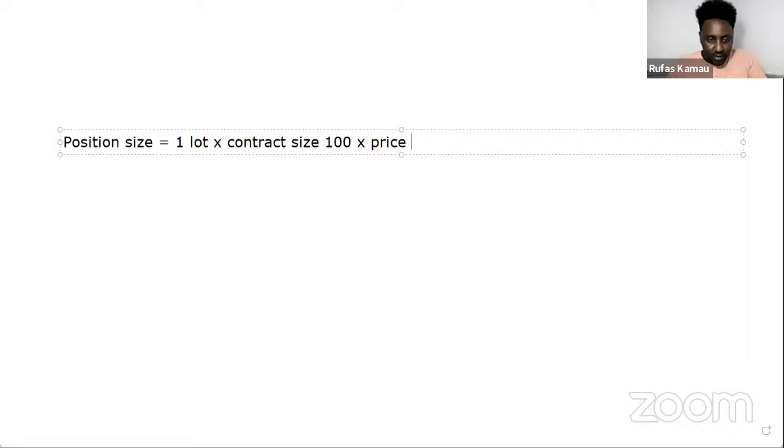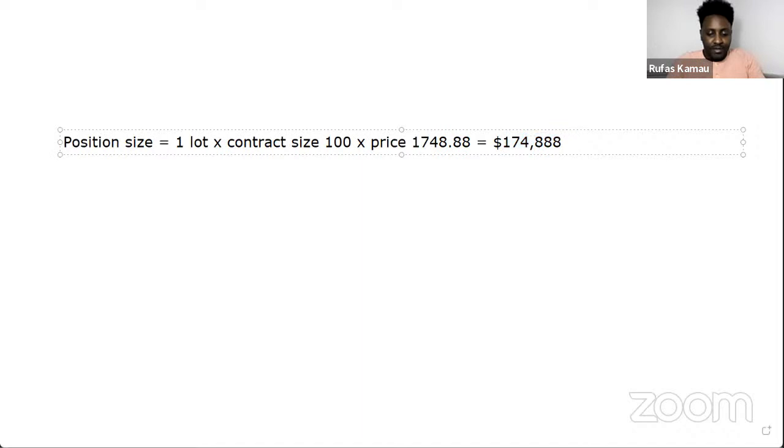In this case, we are trading at a price of 1748.88. And this gives you a position size in dollars, which is basically $174,888. So this is the amount that you need to have in your account in order to execute a trade in gold.